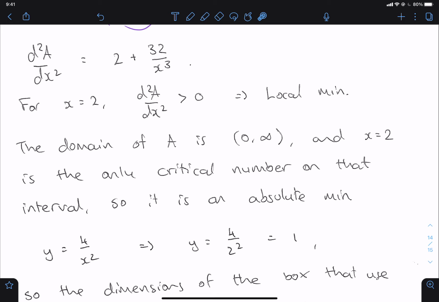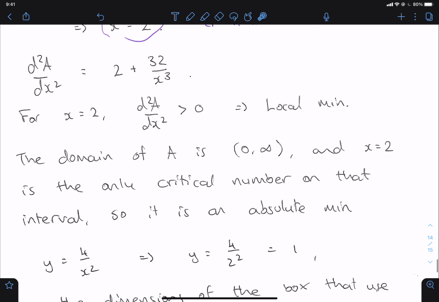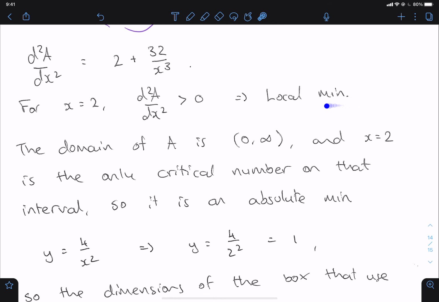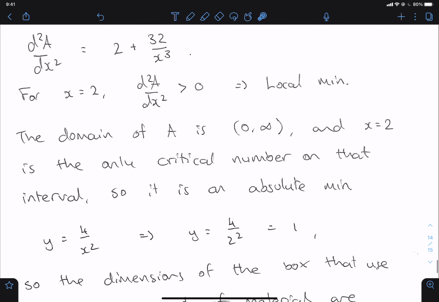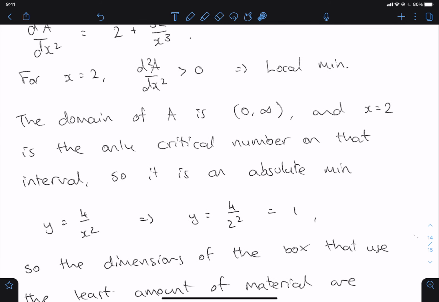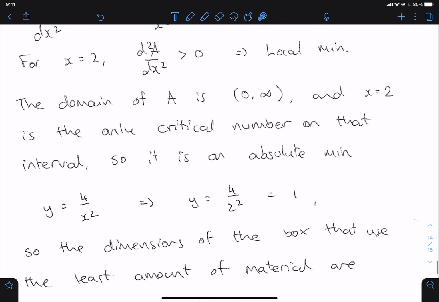The main point is that x can be as small as 0 and as large as infinity. This critical number sits inside this interval and it's the only critical number, a local min. So it's also the absolute min. We use this fact many times: only one critical number, so local min implies absolute min. Because of that, we have the absolute min, the least amount of surface area we can have.